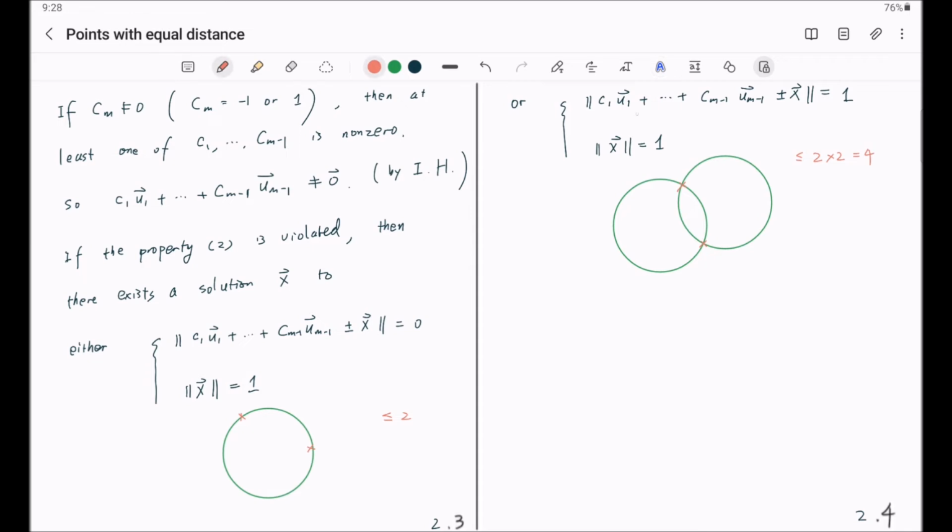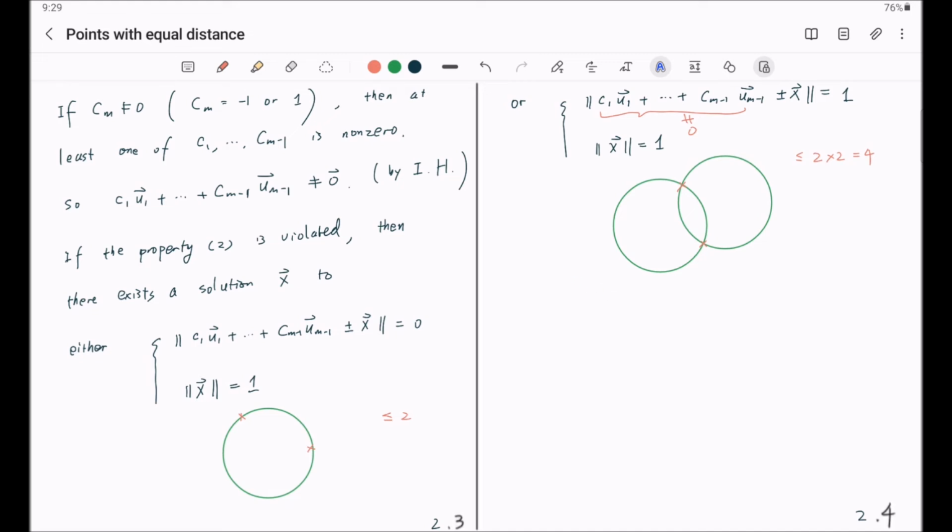And of course, here we have used the fact that this guy is non-zero, because if this is 0, then those 2 equations are identical. There will be infinitely many points. That this guy is non-zero follows from our discussion here. Okay, anyway, we have shown that there are finitely many choices for x in either case.